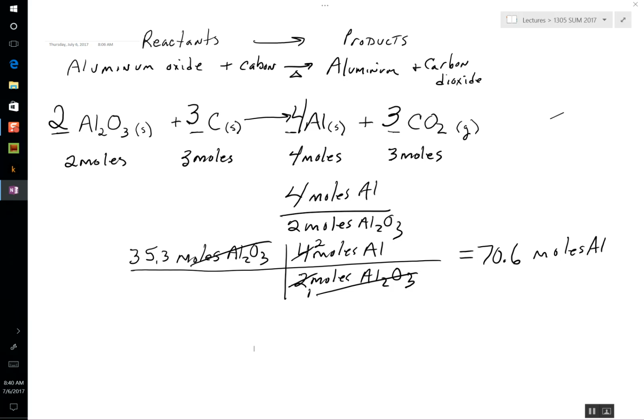Yes? Do you have to account that aluminum is diatomic on this one to produce aluminum by itself? Say that again. Like, in the equation, aluminum is diatomic. Well, okay, I wouldn't call that diatomic. It's Al2O3. That's a compound. Nitrogen is diatomic.